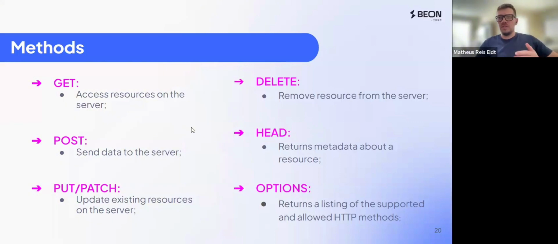This method returns a listing of supported and allowed HTTP methods for this endpoint. This is complying with the previous principle that we saw on RESTful, that is that the client needs to know what he can do on every resource we have. So he can use this OPTIONS method to get those available methods.